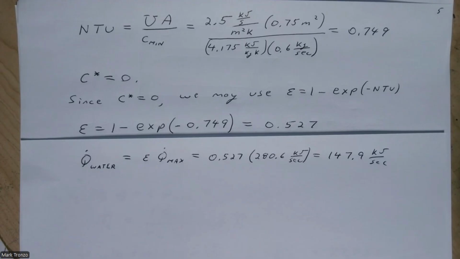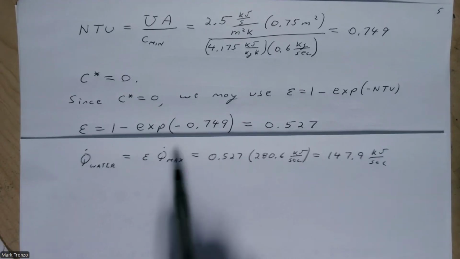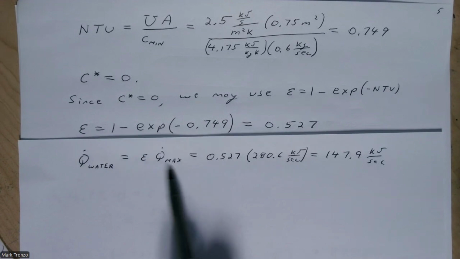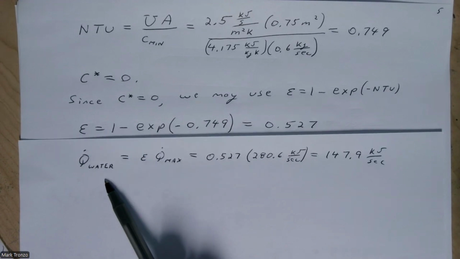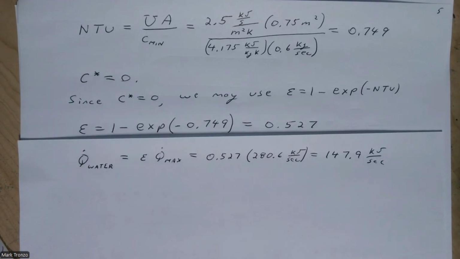Again, that's the heat transfer rate to the water. Now that's going to be the same as the heat transfer rate from the steam, except it'll just have a negative sign. Just keep in mind that the effectiveness times the Q max is always going to give us a rate of heat transfer.